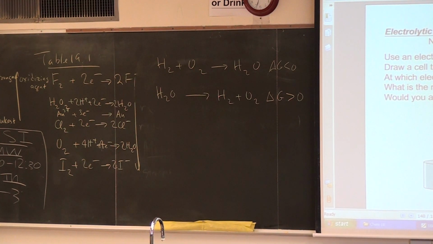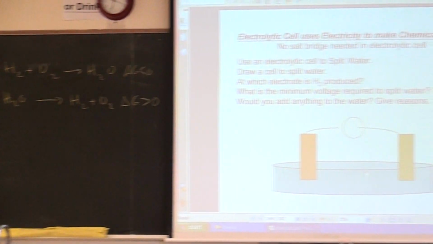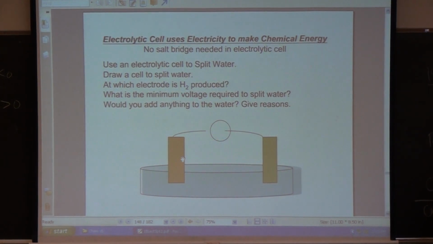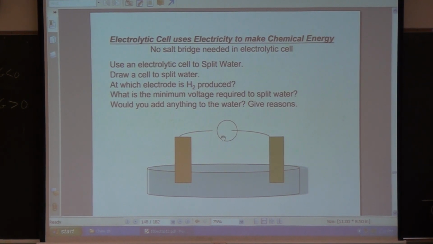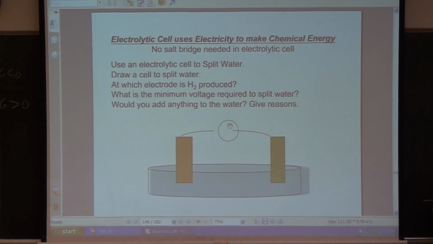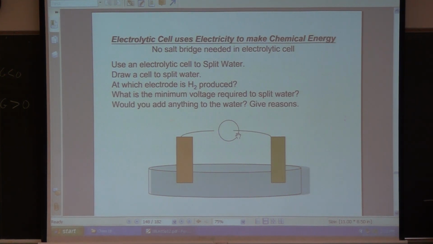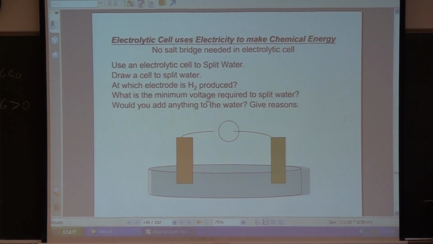Here's our container, which contains some liquid. We have 2 electrodes. What's this supposed to be? This will be our battery. Our battery is going to supply electrical energy, current and voltage. So what do we want our electrodes to be? What do we want in the solution? And what is the minimum voltage we need to split water?